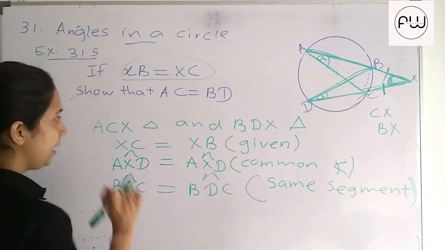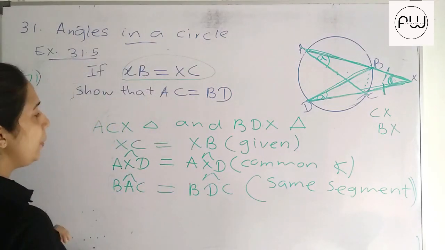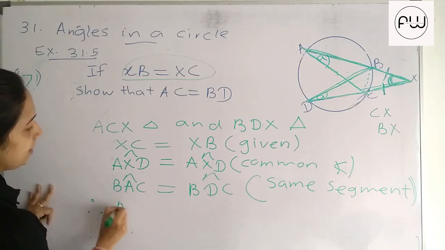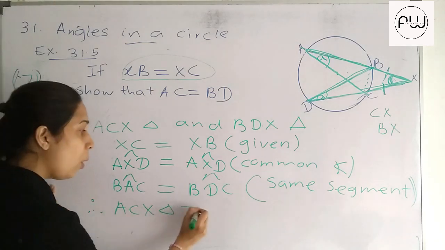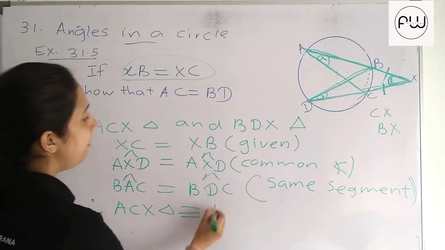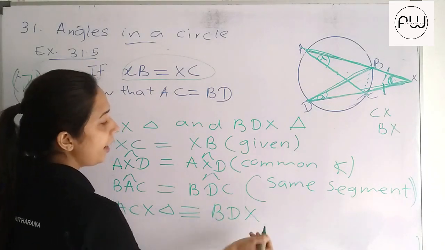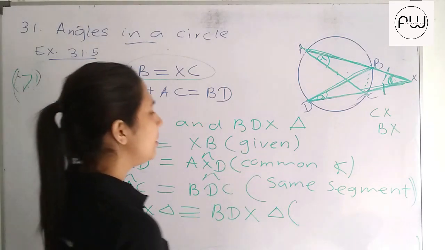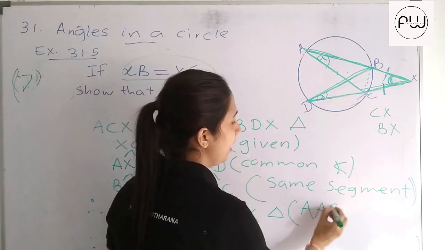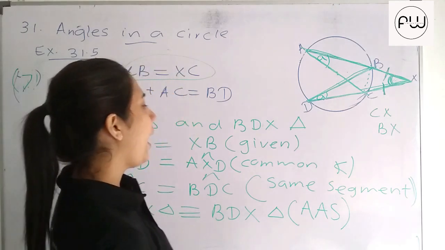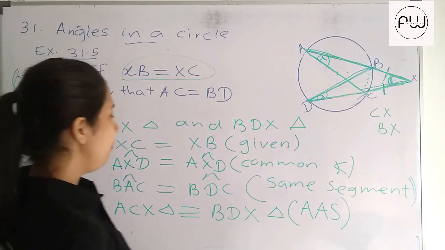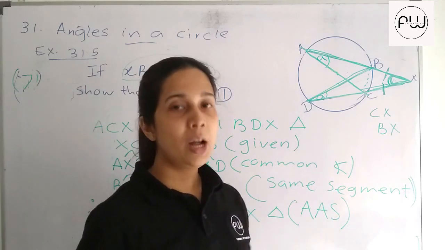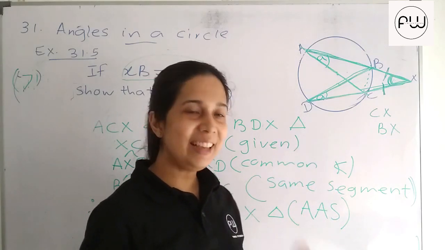Now, one side is equal and two angles are equal. Therefore, the ACX triangle is congruent to the BDX triangle. What is the case? One side and two angles, AAS: angle, angle, side. Then we know if these two triangles are congruent, corresponding elements are equal.